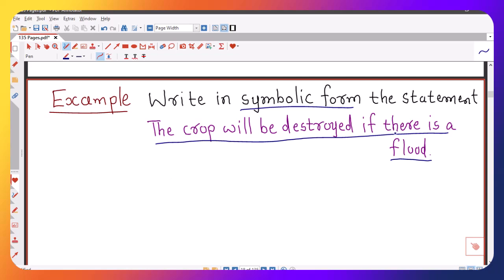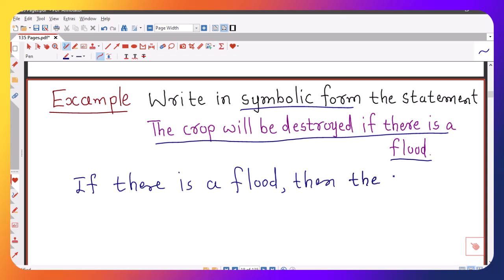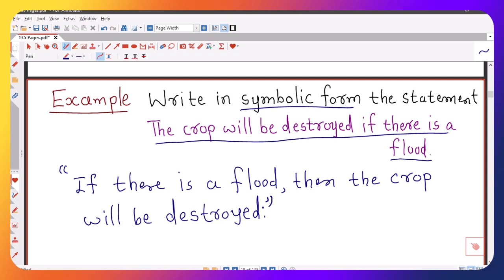We can rewrite this as: if there is a flood, then the crop will be destroyed. The same statement can be rewritten in this way also.